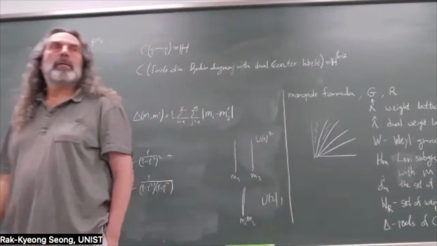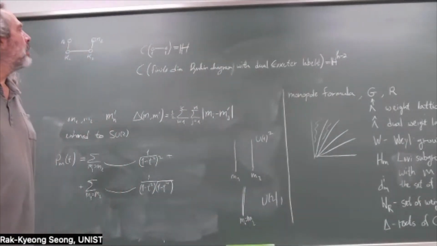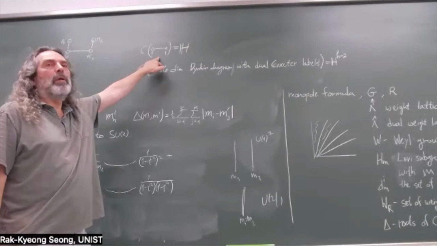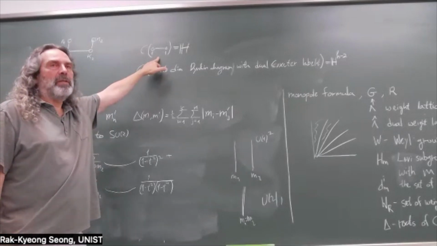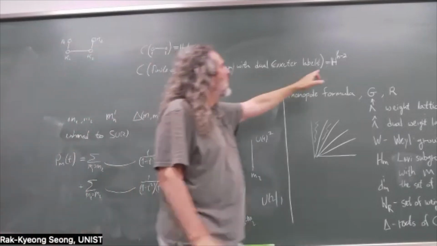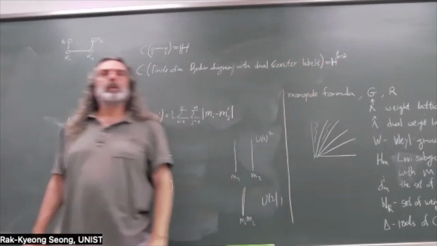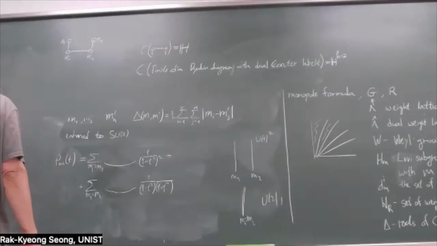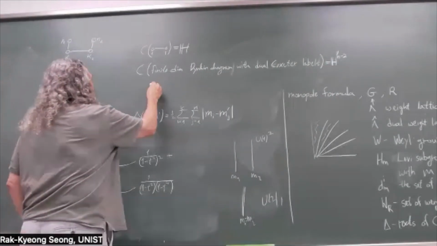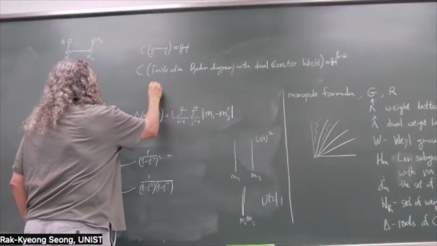That's the full code. Yeah, so this is A2. The dual Coxeter number is 3. And so I put 3 minus 2, that's H. But by the same token, let's take an example.